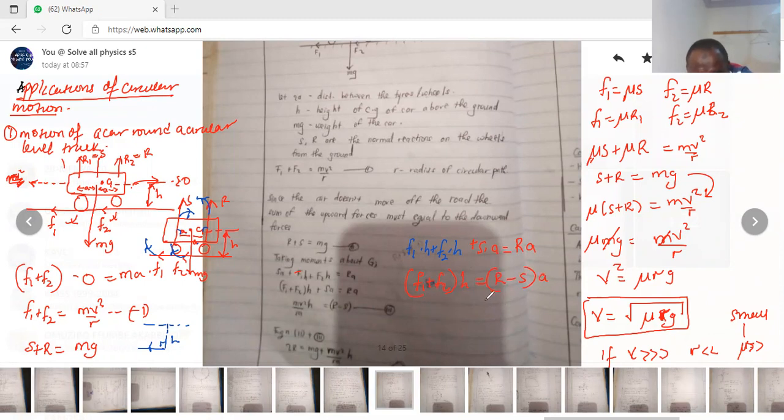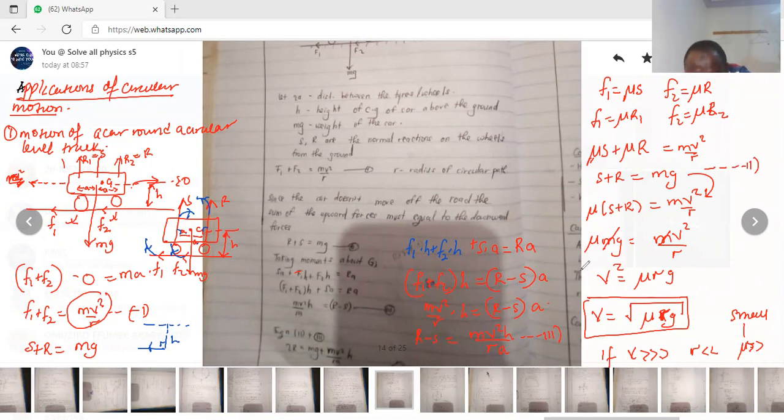Then we had also seen F1 plus F2 was mv squared over R. You can put it here and have mv squared over R times H is equal to R minus S times A. Then you can make R minus S the subject to give us mv squared H over R A. This becomes equation 3, because you already have equation 1 and equation 2.